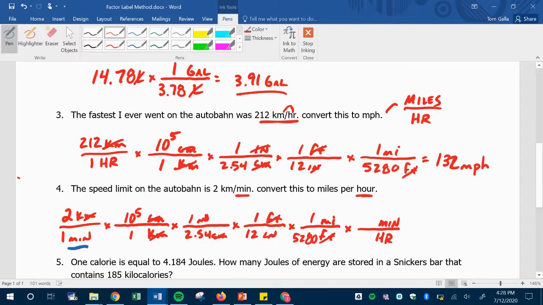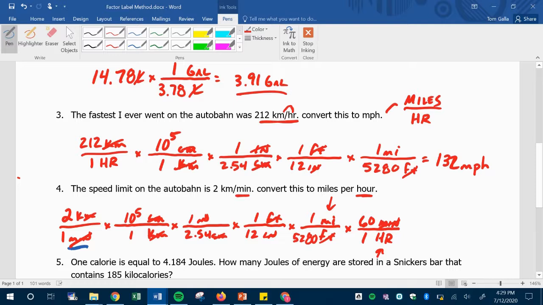And so like we said, we know that there are 60 minutes for every 1 hour. And so now minutes at the end is going to cancel with the minutes that we started with in the beginning. And so now the only 2 units that didn't cancel out are miles and hours, which is good.